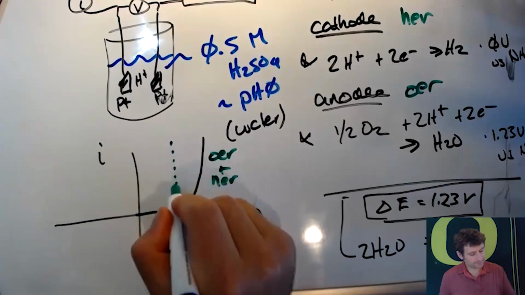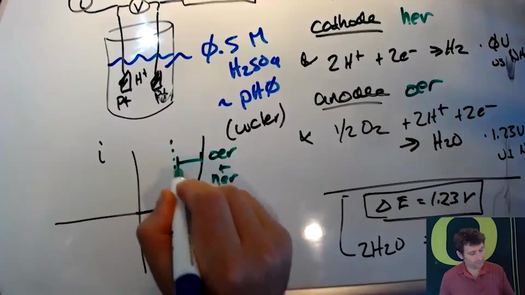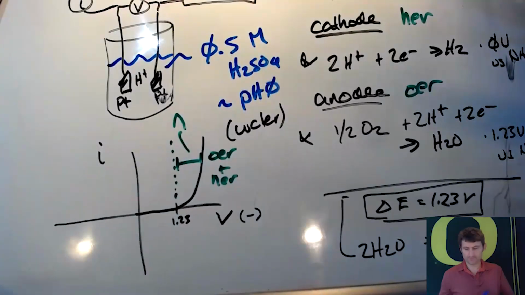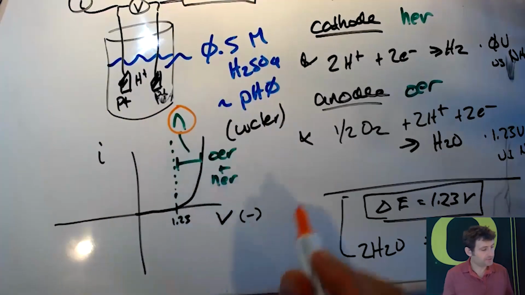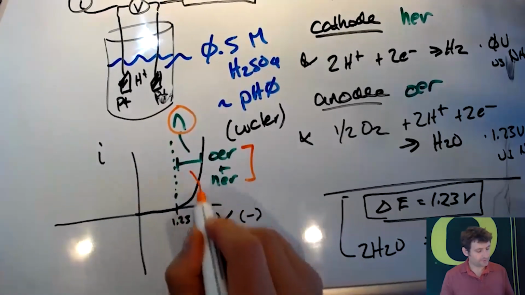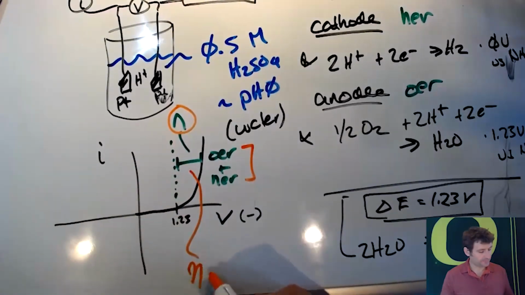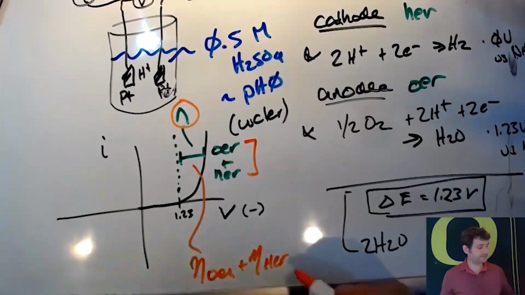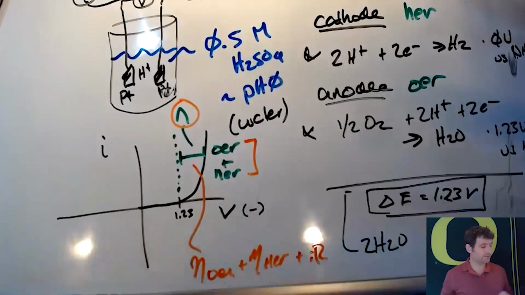And this overpotential here, this is eta, the overpotential we talked about. This overpotential, what's this due to? Well, it's due to driving both these reactions. So this difference here, I'll say eta OER plus eta HER plus IR in the cell.